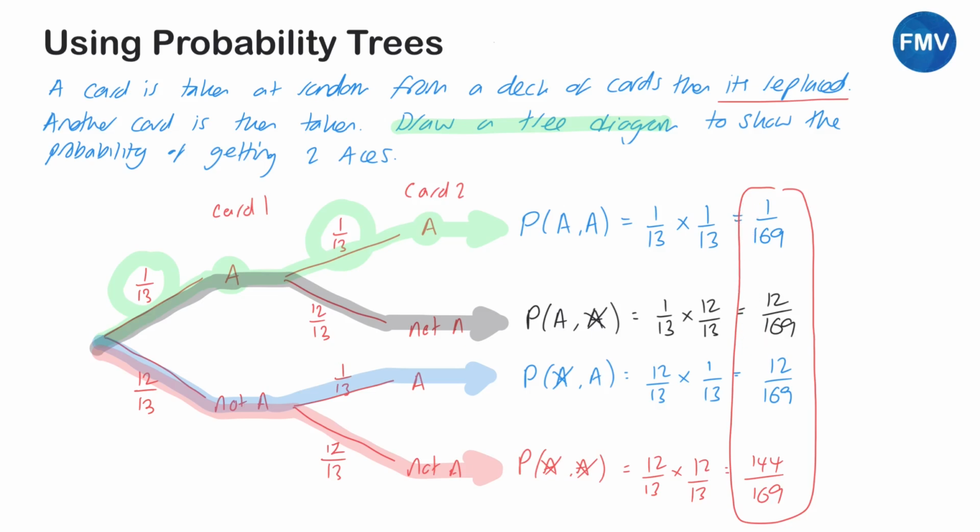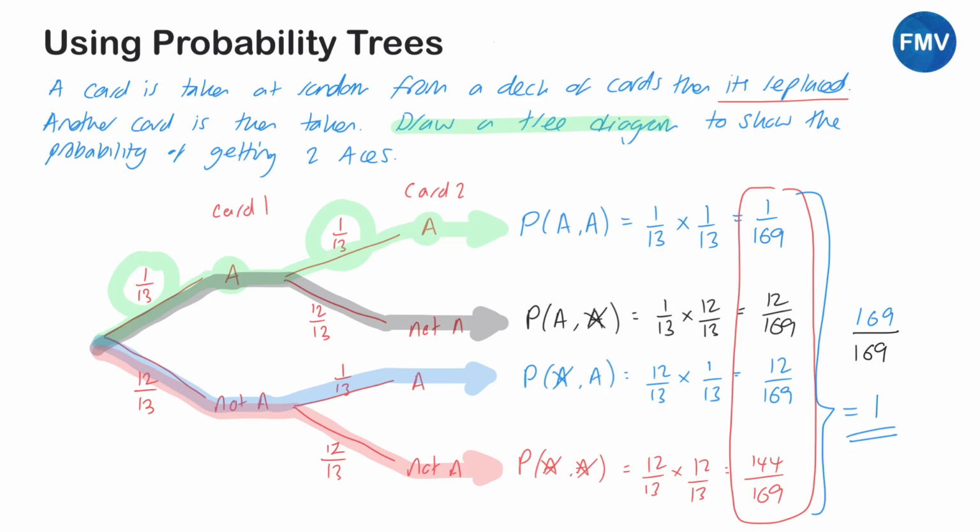So we know the sum of those will give us something over 169. 144 plus 12 is 156. So 156 plus 12 is 168, and 168 plus 1 is 169. So we get 169 out of 169. Anything divided by itself is 1. So we can say the sum of all of those probabilities is equal to 1.